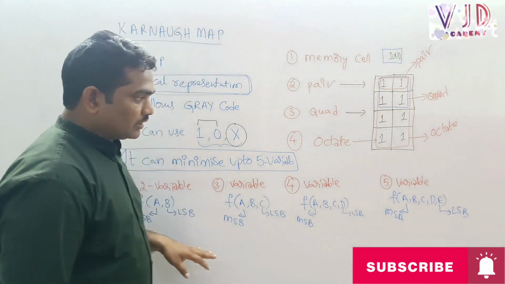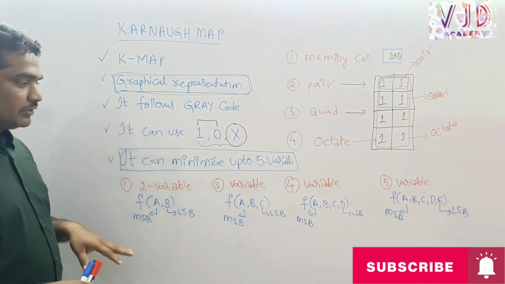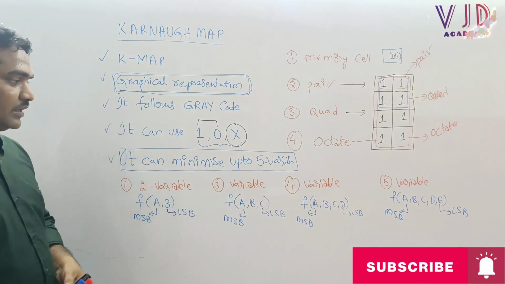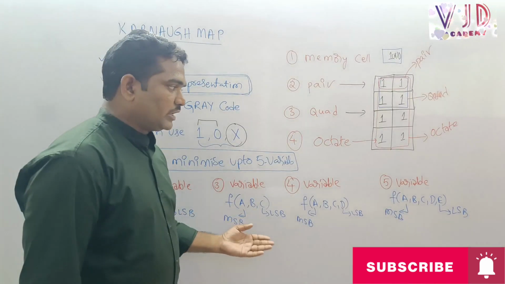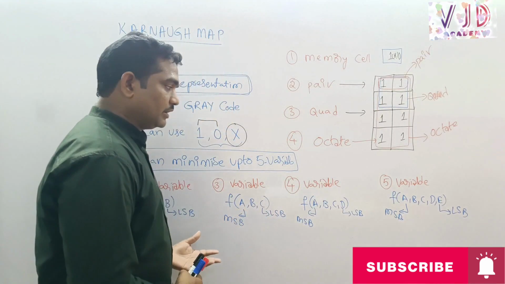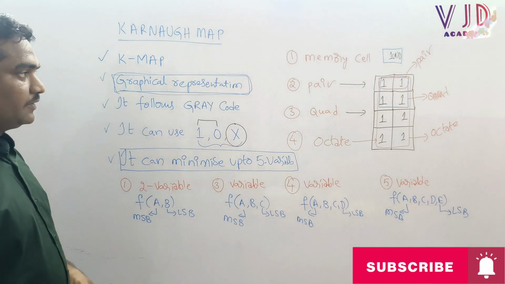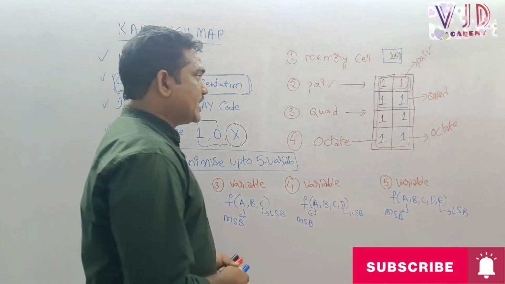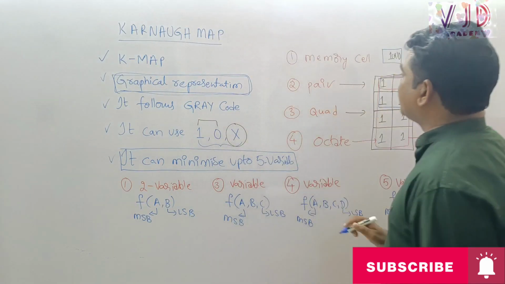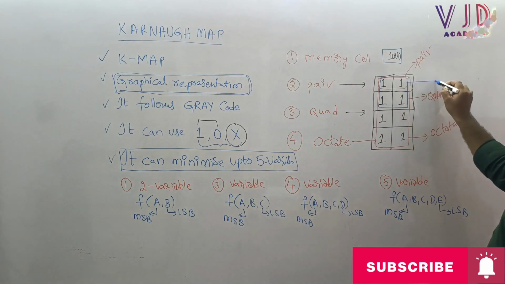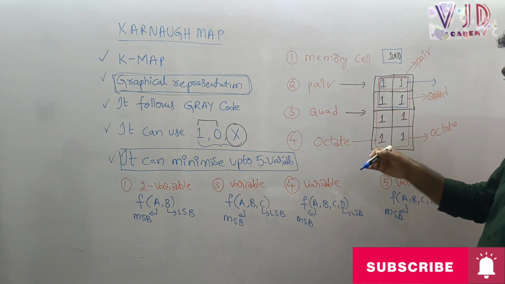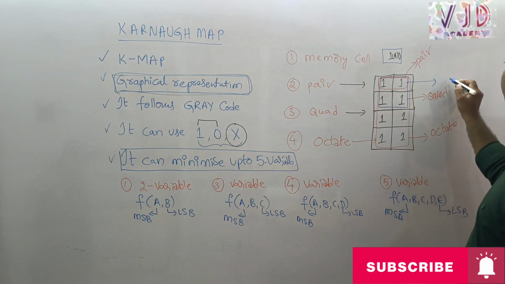Suppose while we are solving problems, when we are dealing with 4 variable or 5 variable or whatever variable K-map it may be, if we can make a pair, we may be able to reduce one variable.